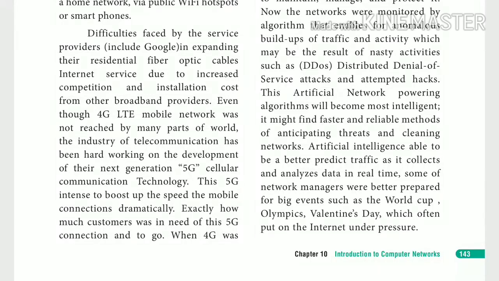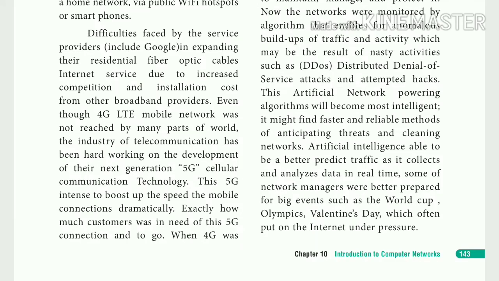So artificial intelligence is able to better predict traffic as it collects and analyzes data in real time. Some network managers were better prepared for big events such as the World Cup, Olympics, Valentine's Day, which often put the internet under pressure. So artificial intelligence will predict the network usage for a particular event.